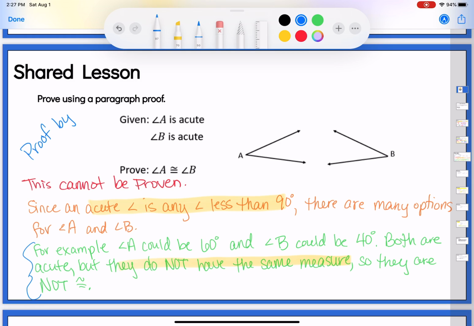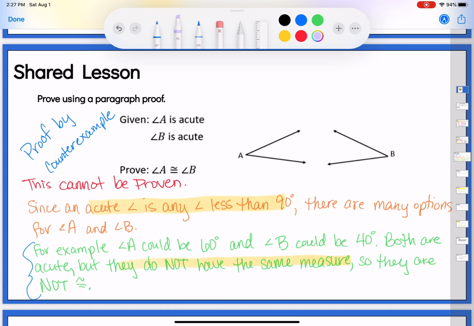So a proof by counterexample is only able to be done in a paragraph form. You cannot write a counterexample in a two-column proof. It's just not possible. Can you imagine how to put that into if-then form? It doesn't work. So that's why we have to have paragraph proofs, is for these counterexamples.